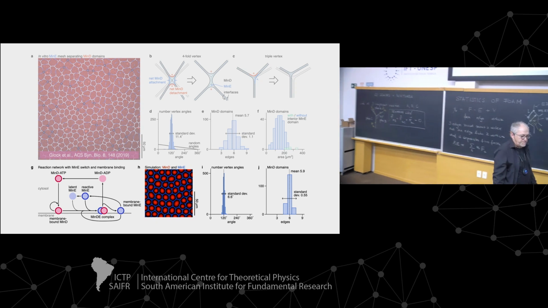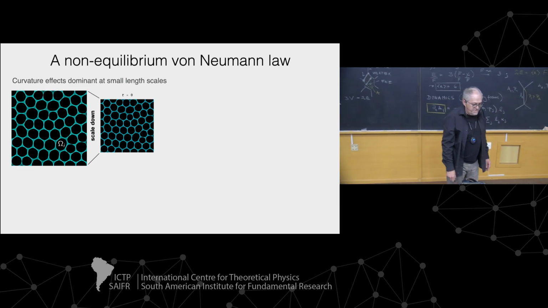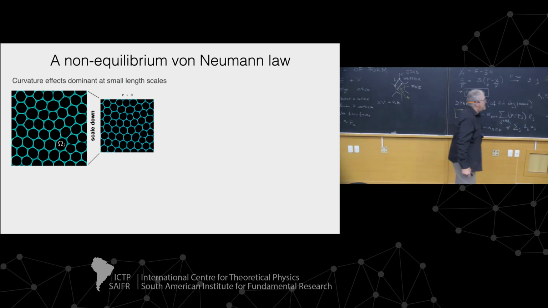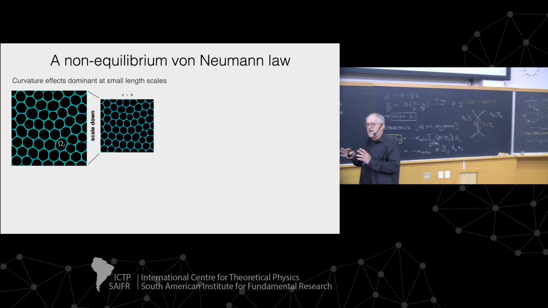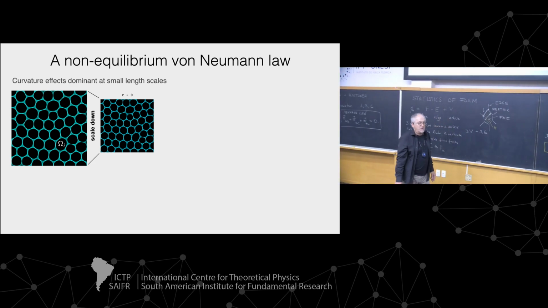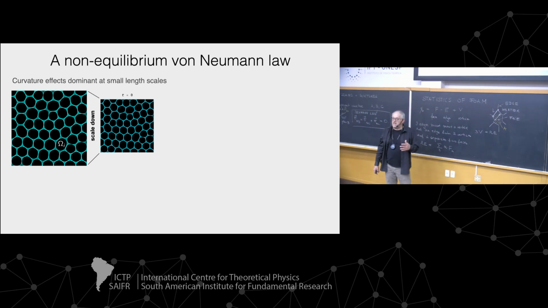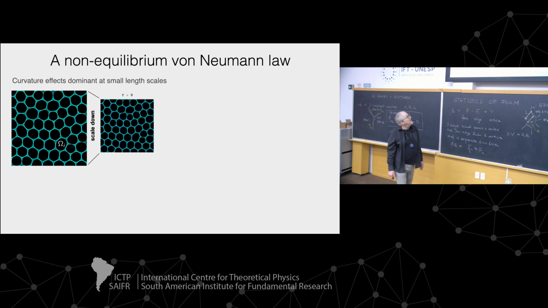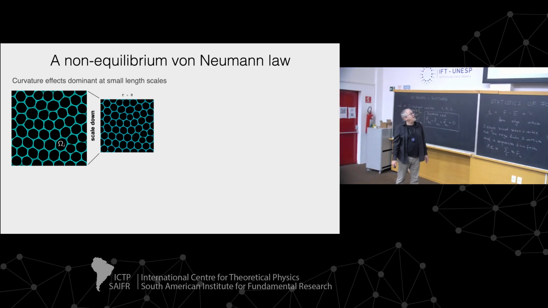All right. Now let's go on and see how we can check the von Neumann law. Is that also true? It seems to be true already by saying there is an average of 6, but still there's dynamics associated with it that we want to check. So are the 6s really staying constant in size? Are the 5s shrinking? And are the 7s growing? For that, you can play the following trick.